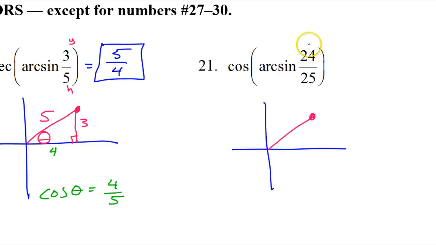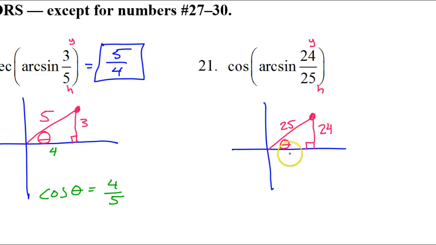Sine is opposite over hypotenuse. So when I draw my triangle, this is the angle in question. The angle whose sine is 24 over 25 must have a y value opposite of 24 and a hypotenuse of 25.